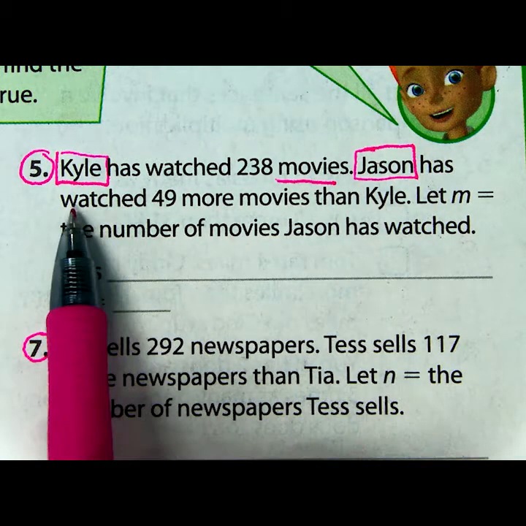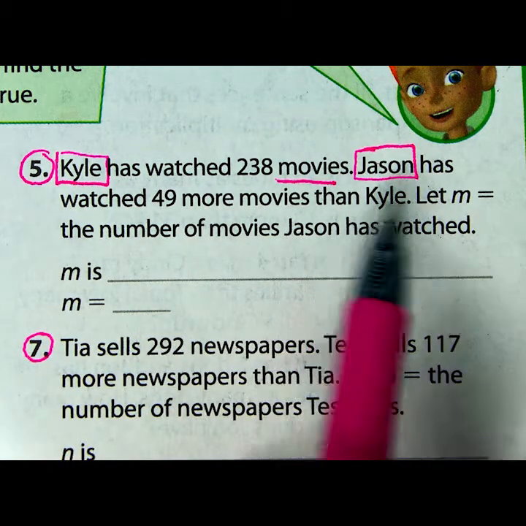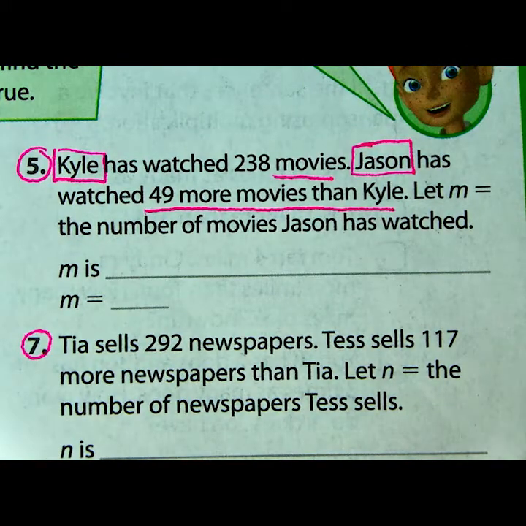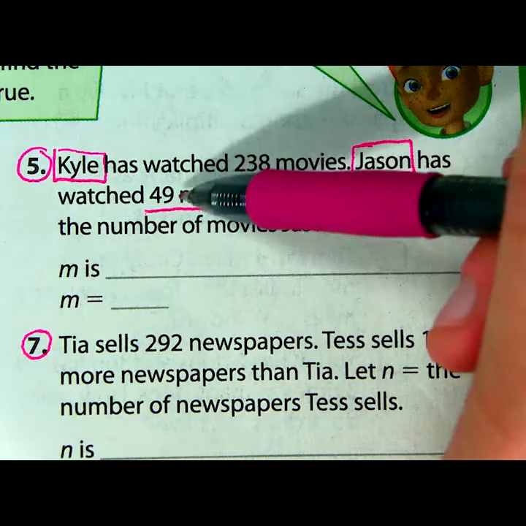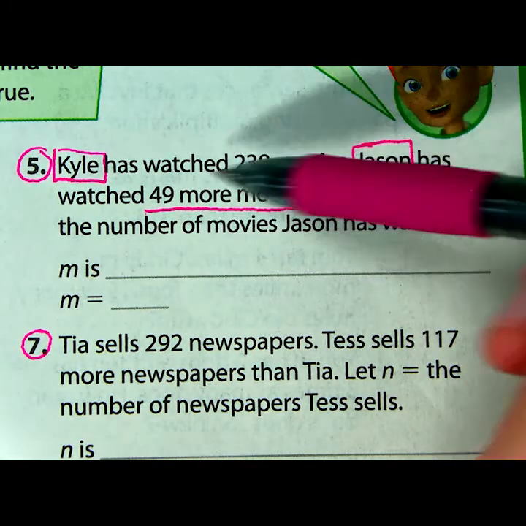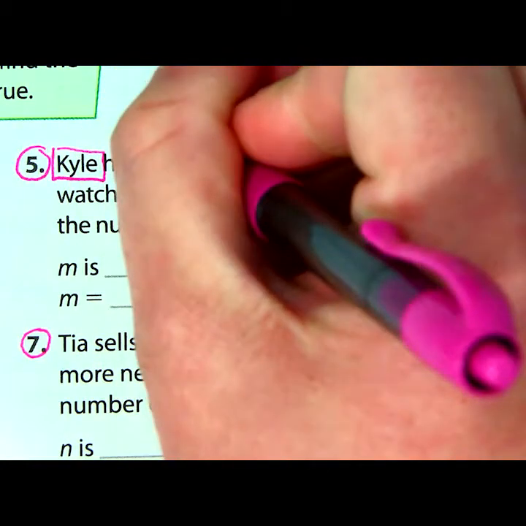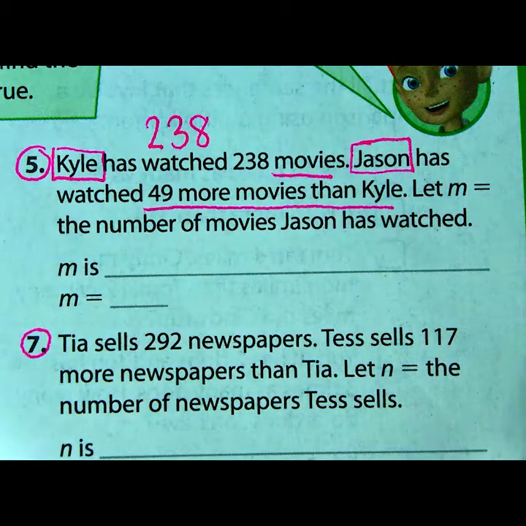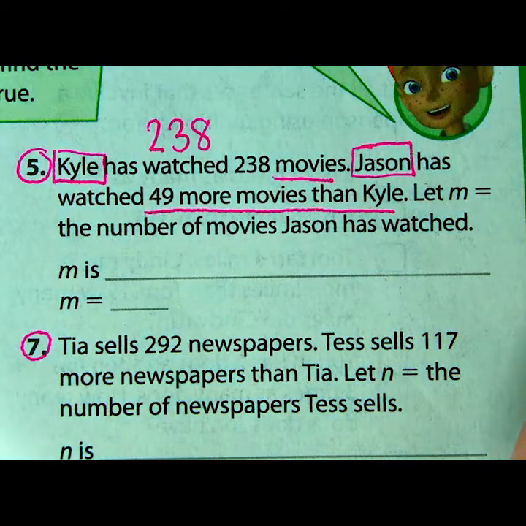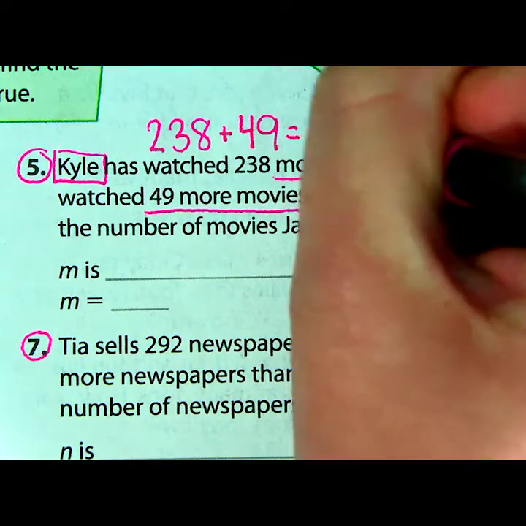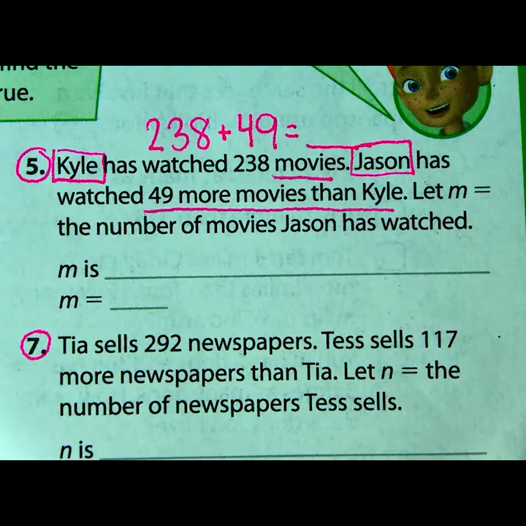Jason has watched 49 more than Kyle. So Jason has watched more movies. So to me, that kind of sounds like it's not times as many. It's 49 more than Kyle. So if I know Kyle watched 238 and Jason watched 49 more, then I am adding. This unknown should tell me then how many Jason watched.